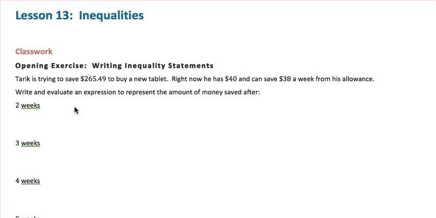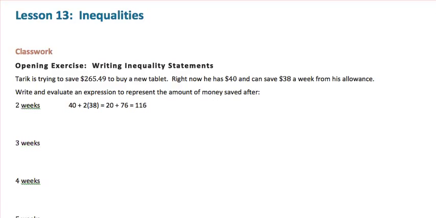So to start off, at the 2-week mark, he has $40 plus 2 times 38, which means he has 40 plus 76, or $116.